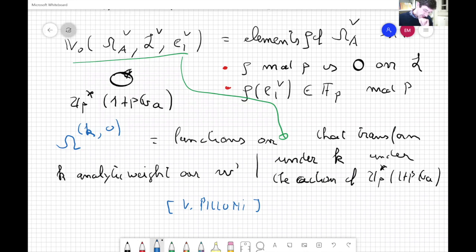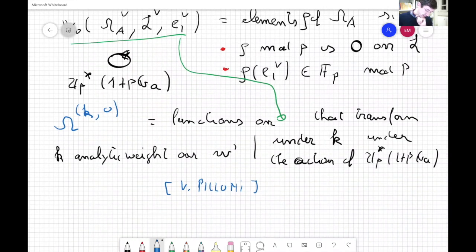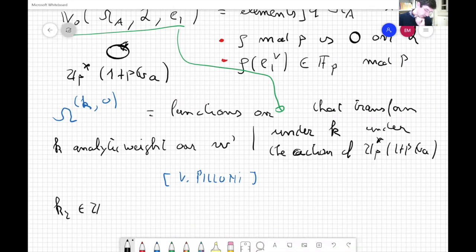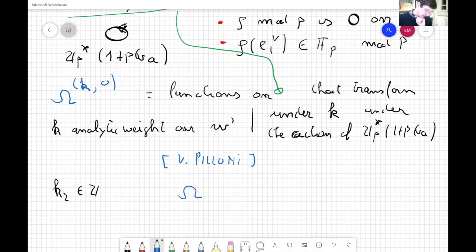And actually, if K2 is an integer, one also defines omega K here. You can twist by the determinant. So let me write like this.